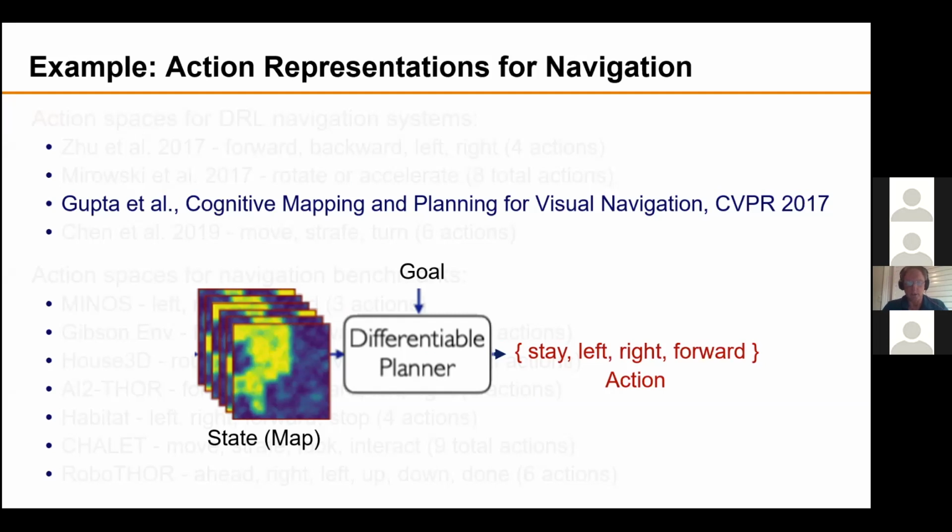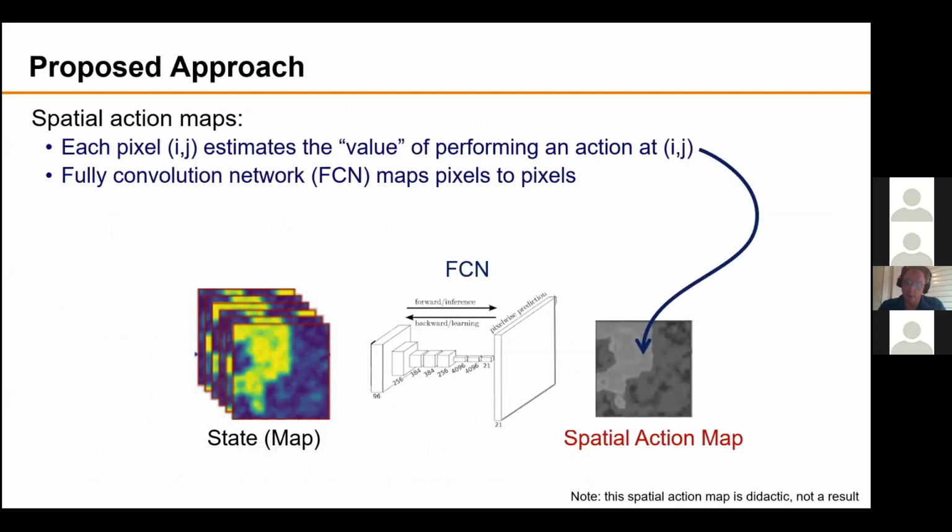And I'm going to argue that another alternative method is to learn what I'm going to call spatial action maps, where you go from a state to a dense set of possible actions that are pixel to pixel aligned with the input state, where the meaning of each pixel is do this particular action at that particular location.